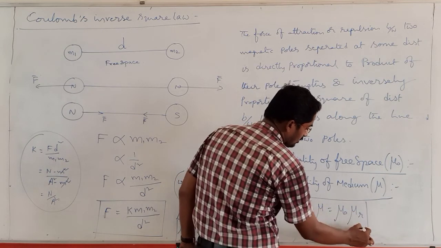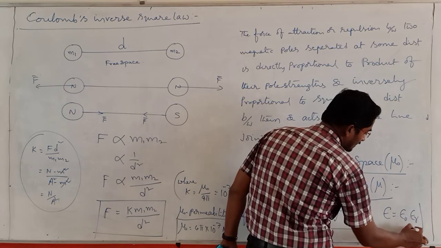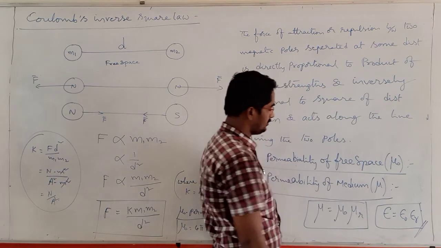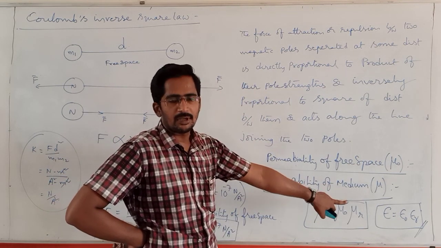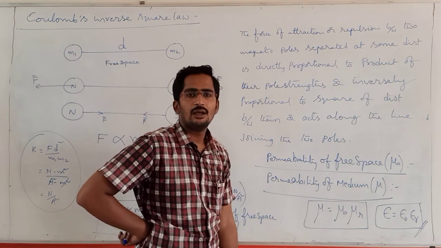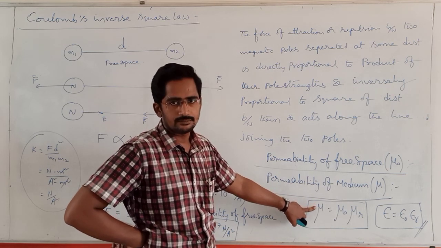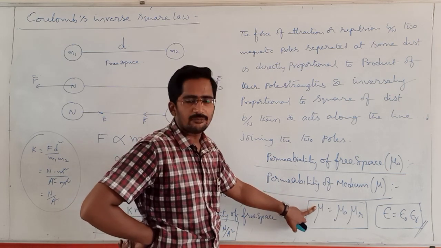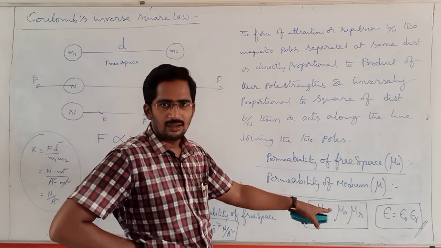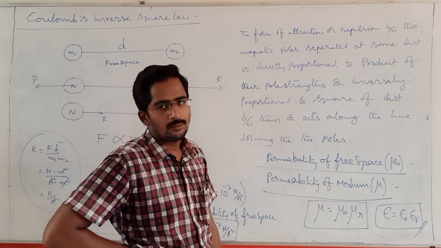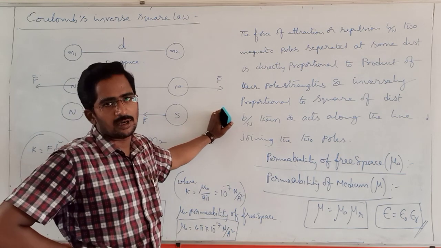Already you have seen in electricity epsilon equals epsilon naught into epsilon r, but in magnetism, mu equals mu naught into mu r. Mu r means relative permeability, mu naught means permeability of free space, and mu means permeability of the medium. So permeability of medium equals the product of permeability of free space and relative permeability. Okay, with this, this is over. The remaining topics we will discuss tomorrow. Thank you so much.